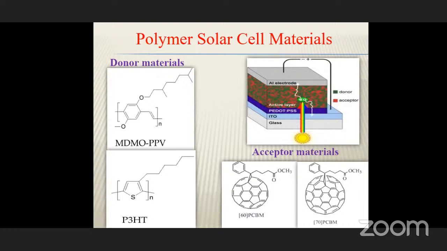These are the donor materials: MDMO-PPV, P3HT, and also PCDTBT and PTB7 are used as donor materials, and PCBM and its derivatives are used as acceptor materials.